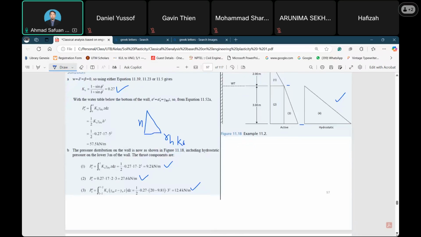Usually two. The first one may involve the derivation, and the second one may involve the calculation. We concentrate only on the lateral stress first.